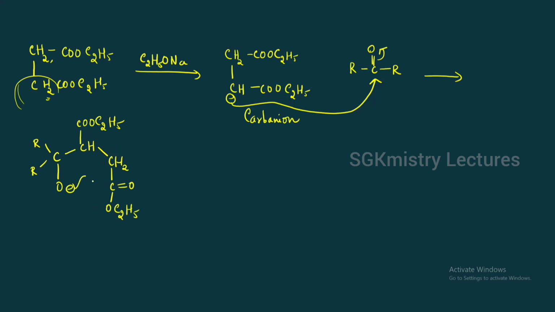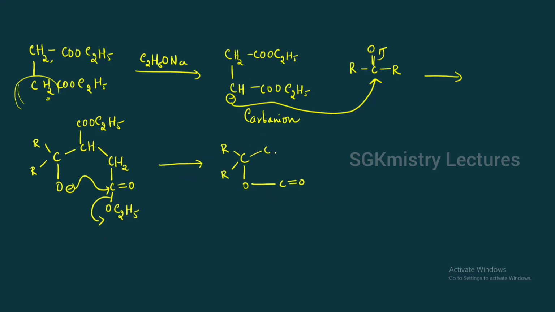So now this minus charge can attack this carbonyl carbon. Once this attacks, this can be removed easily. So we have here C, R, and R. There is O present here, and this O is connected to the C double bond O group.